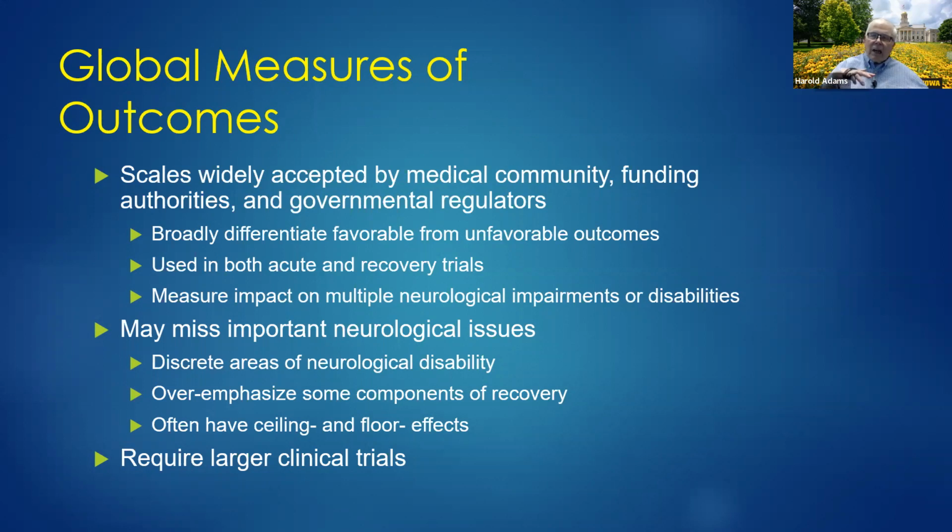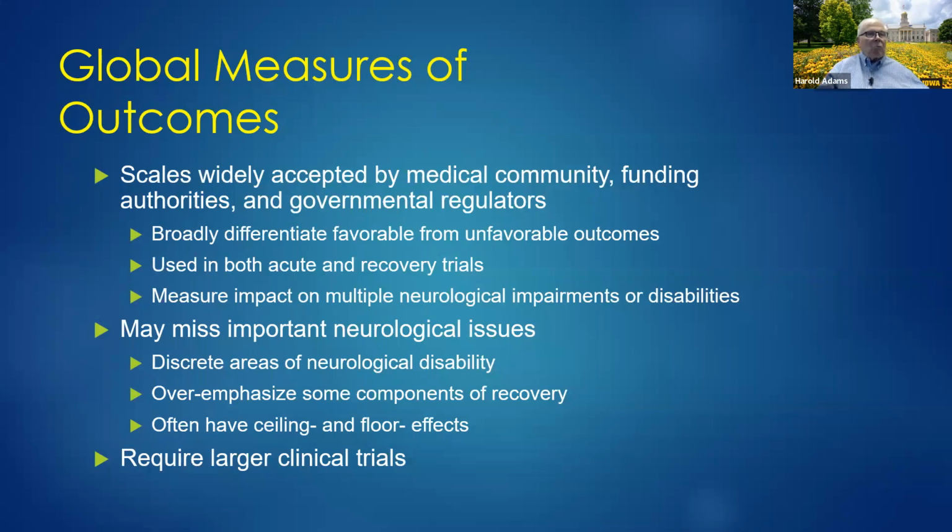It could be death, obviously an outcome, severe disability, etc. These are used in a variety of clinical trials in all aspects of neurology. This can be in acute trials, it can be in recovery trials. And so you're looking to see if multiple neurologic impairments affect the patient's outcome.